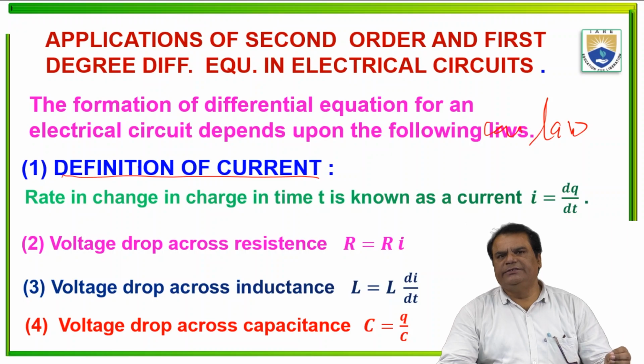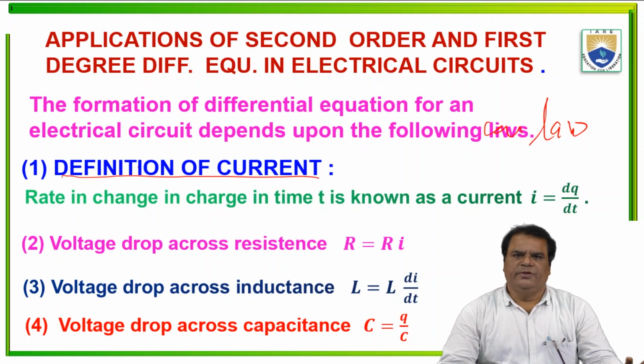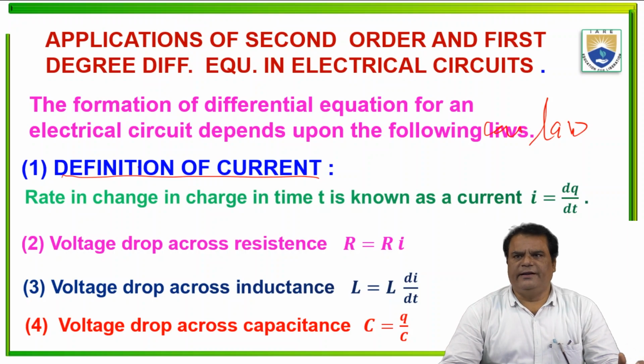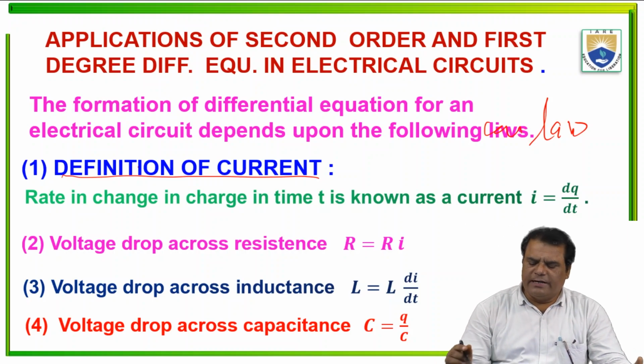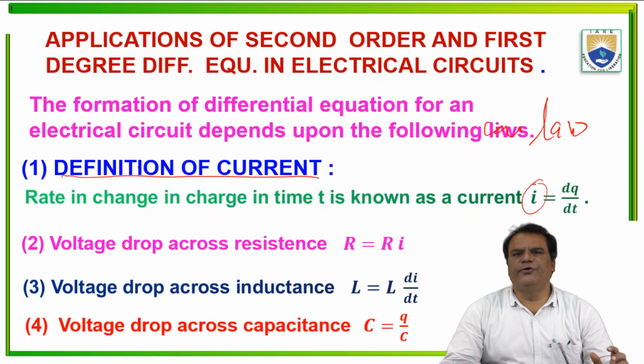Now the definition of current. Rate of change of charge in time t is known as current. The current is represented by I. I is the notation of current.